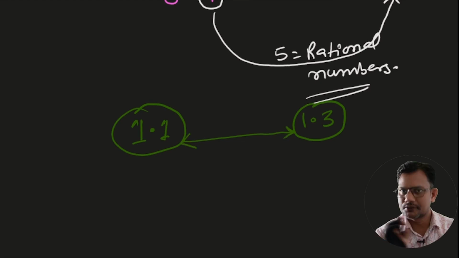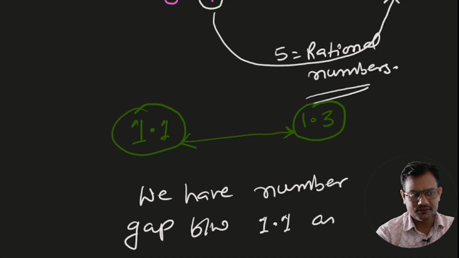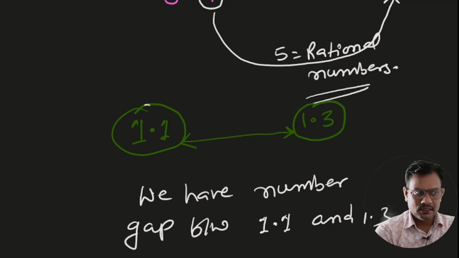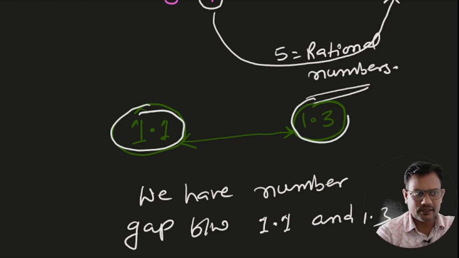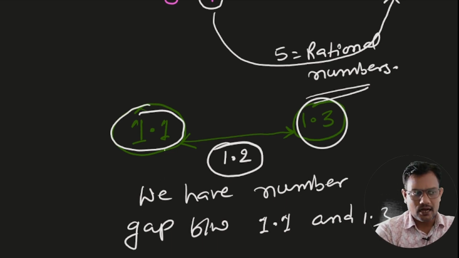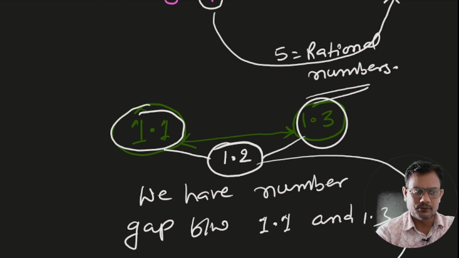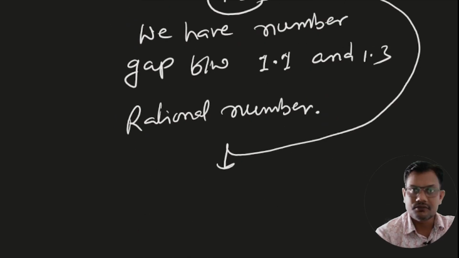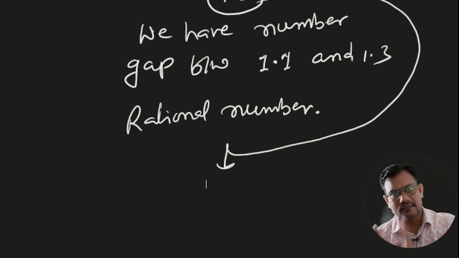What lies in that gap is 1.2, right? 1.2 is also another rational number which lies between 1.1 and 1.3.